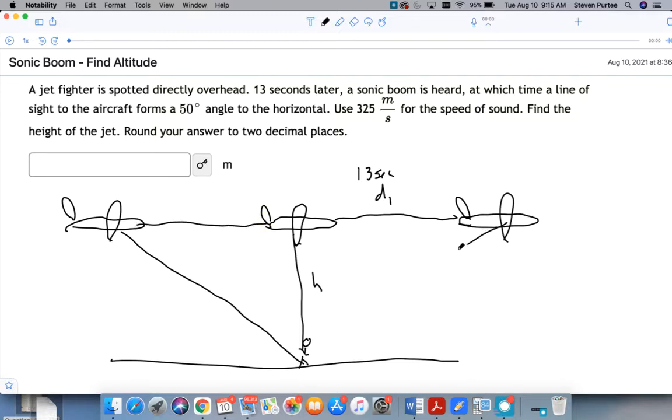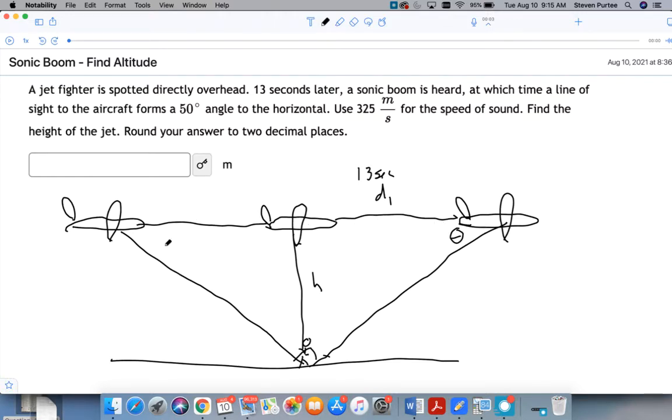So if we draw this big giant right triangle here, we'll call this angle theta. The plane was back here, creating a sonic boom. The sound traveled to us in the same time that the plane traveled this top distance here.